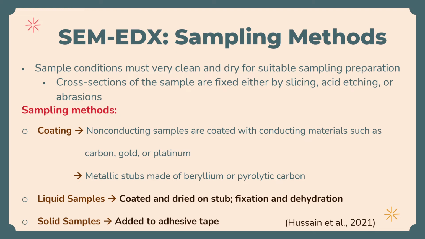Skipping the fixation process can lead to sample damage during the dehydration, which follows after fixation steps. The dehydration step is generally done using critical point drying or freeze drying in order to produce the highest quality results.